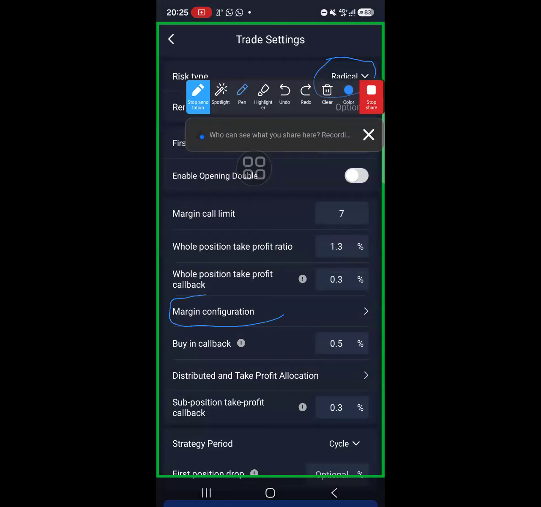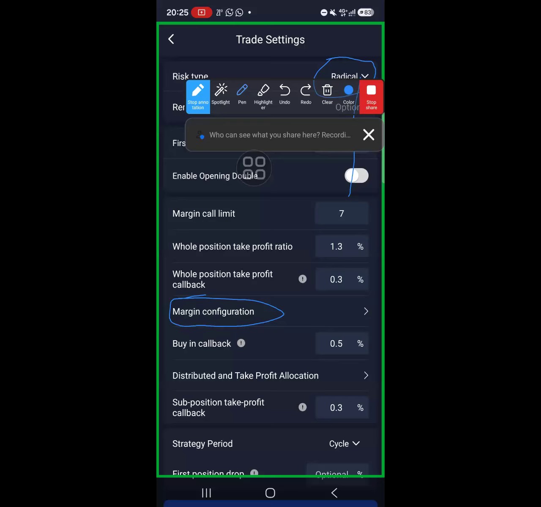When you tap here under margin configuration, I want you to look closely at what I am talking about. I want you to see the difference, so you are able to choose which one works better for you. Which one do you want to use? But I'm also bringing some recommendations on the settings.